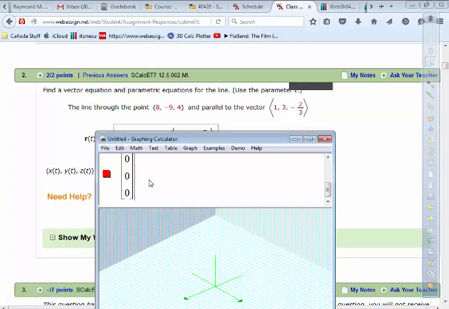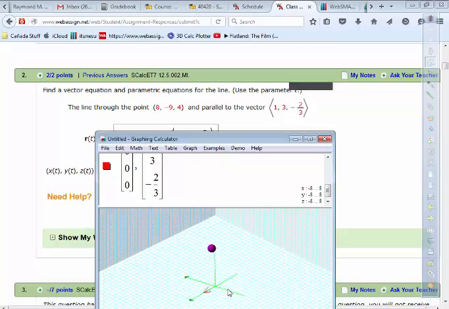So if we're talking about the vector 1, 3, negative 2/3, you can visualize that vector as a vector in standard position pointing to the point 1, 3, negative 2/3. So if I put it in standard position, that means the tail has to be 0, 0, 0. So 1, 3, minus 2/3. So this is your vector.